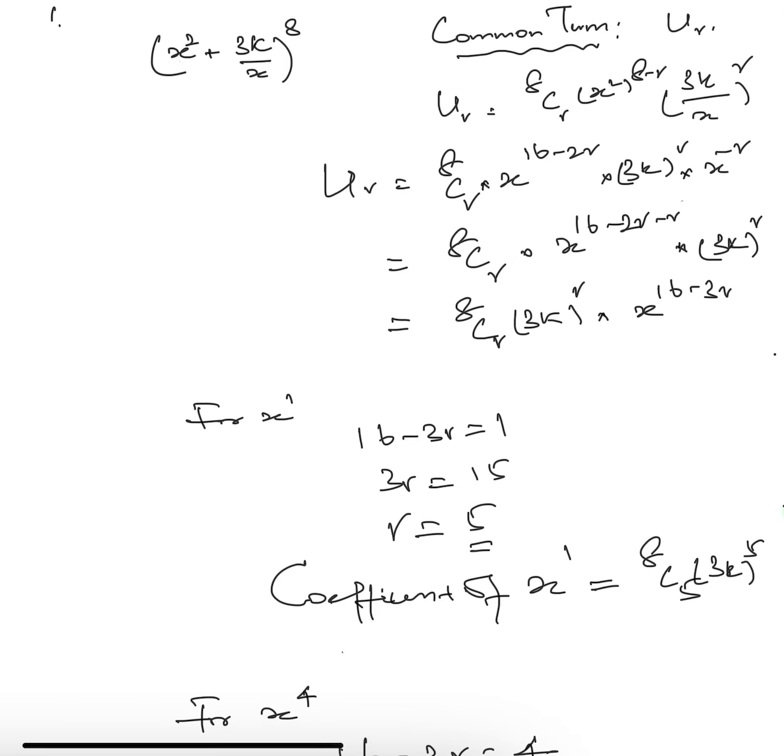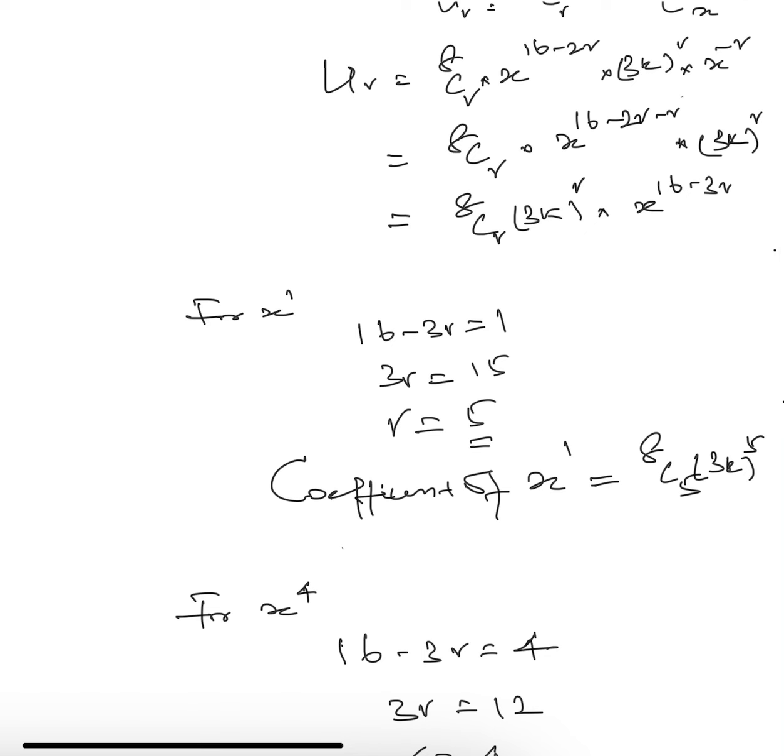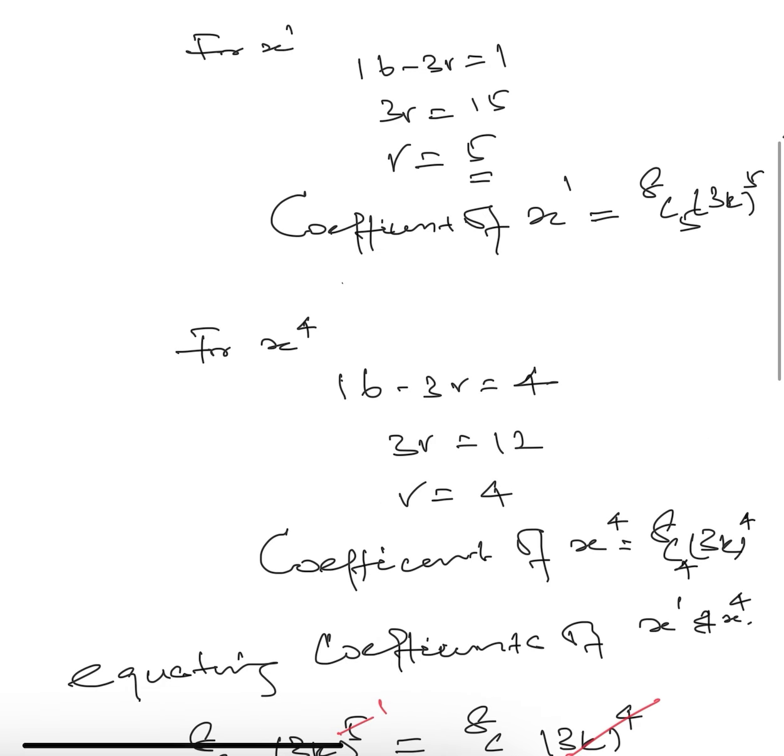So the sixth term, rather, has x to the power 1. The coefficient of that is 8C5, (3k) to the power 5. That's the coefficient.